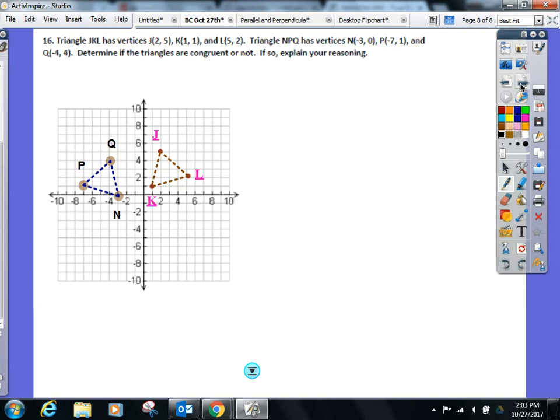And then JL was radical 18. KJ, radical 17, and LK was radical 17. What do you notice about the triangles? Are they congruent or not? 18, 18, 17, 17, 17, 17. Are all three pair congruent? Yes, that makes them congruent by side, side, side.